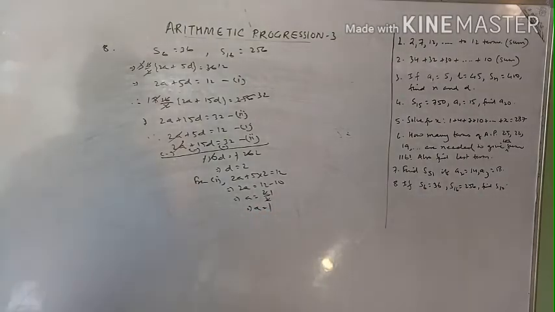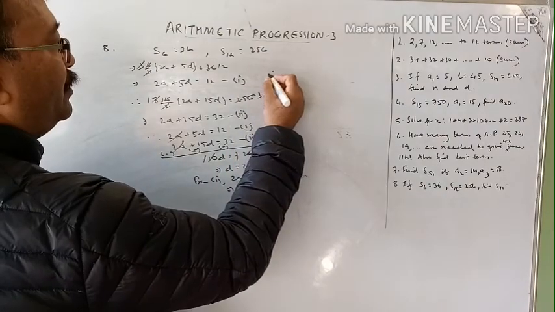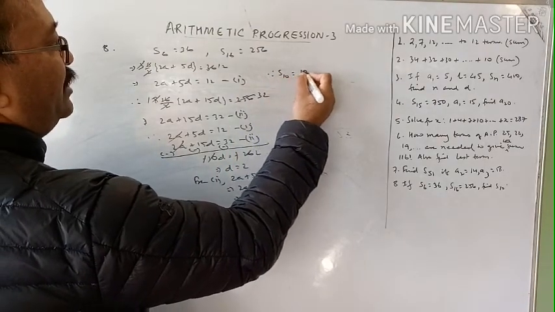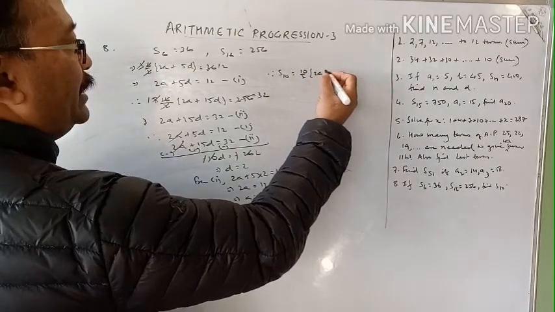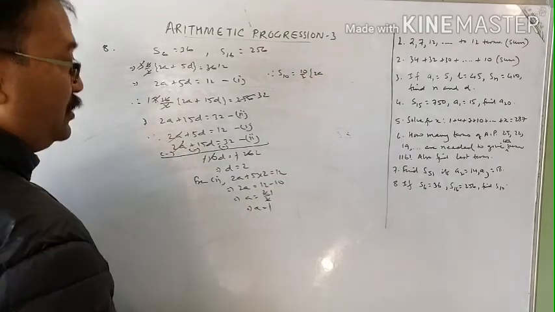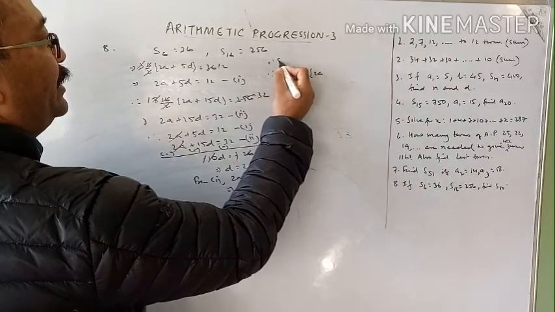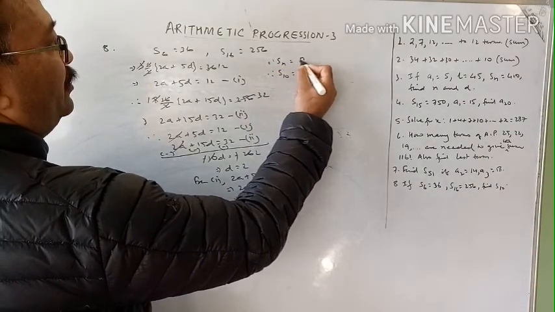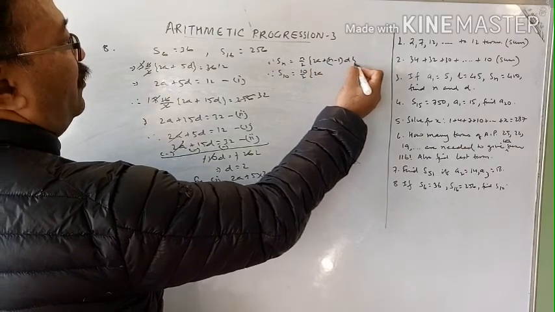Now the question says find S10. Therefore S10 equal to 10 by 2 into 2a plus, if you know the formula, Sn equal to n by 2, 2a plus n minus 1 into d is the formula.